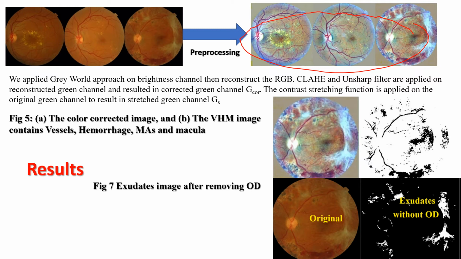The bottom right of the slide shows the extraction of microaneurysms, hemorrhages, and vessels, and going down shows the extracted exudates and how we could remove the optic disc.